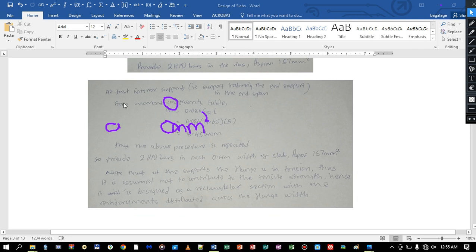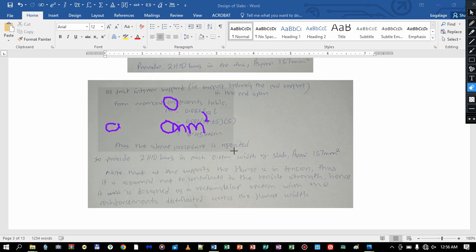Now for the first interior support, it is at this section that we get the greatest hogging moment from analysis.